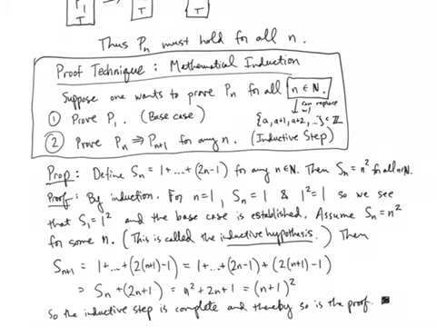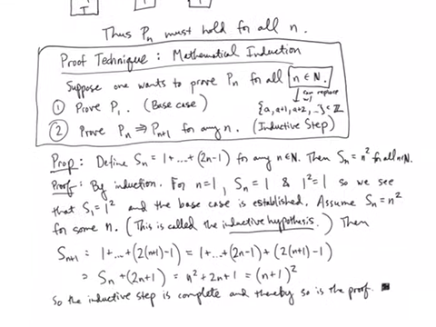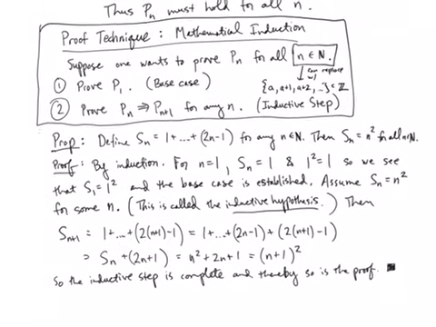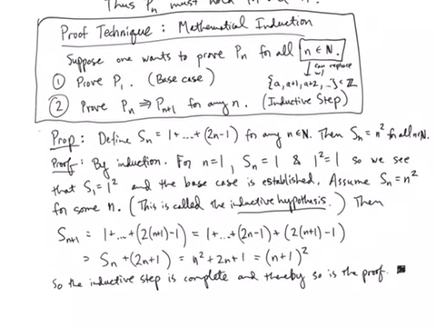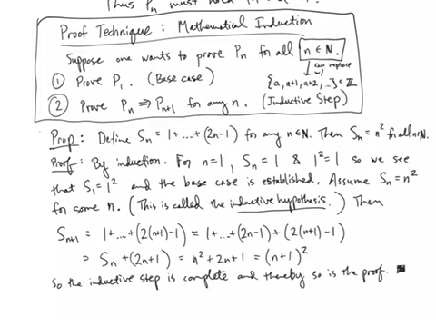Okay, so you don't strictly have to index your propositions by the natural numbers. They might be more naturally indexed by some other subset of the integers of this particular form here.